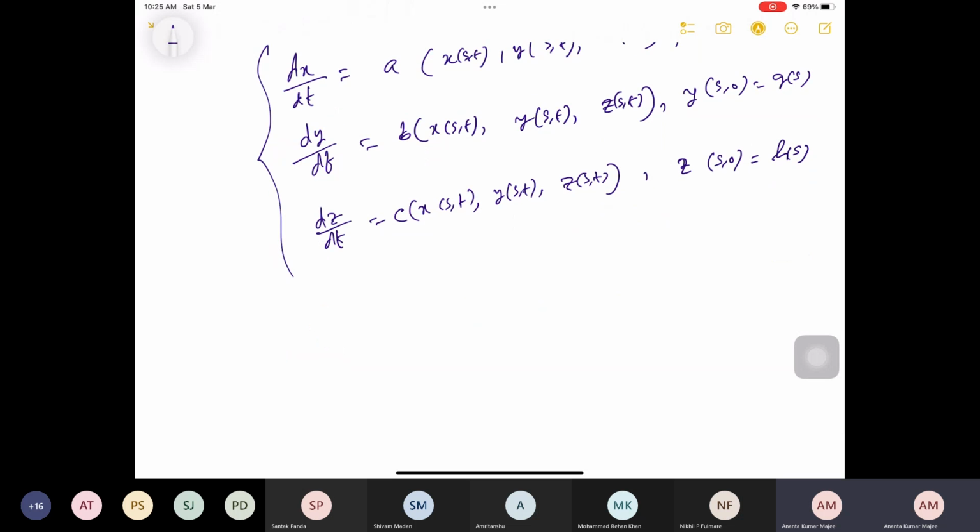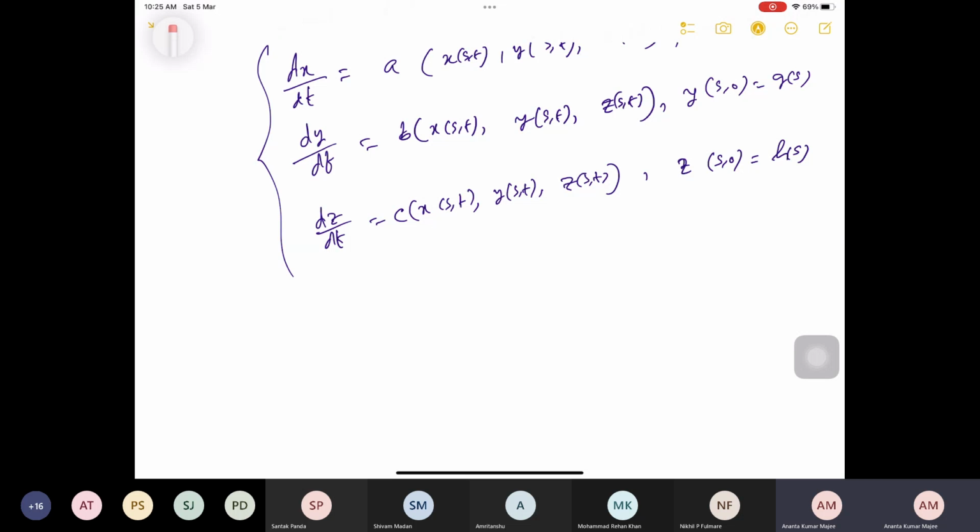So under certain assumptions on your conditions A, B, and C, you can find that for small T, this system of ODE has a unique solution.